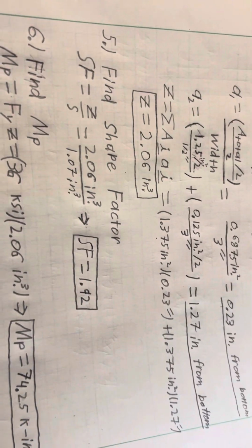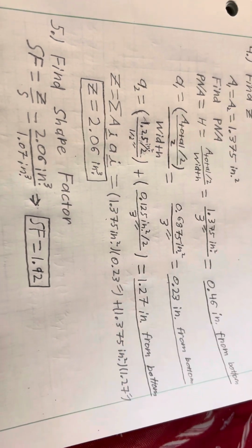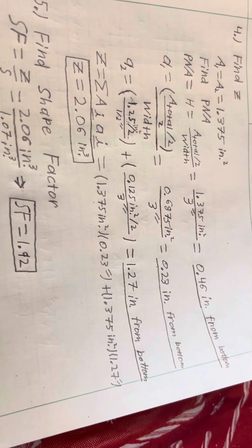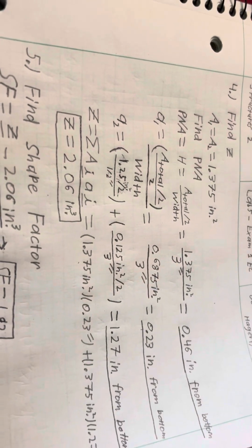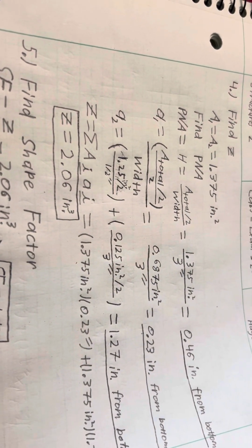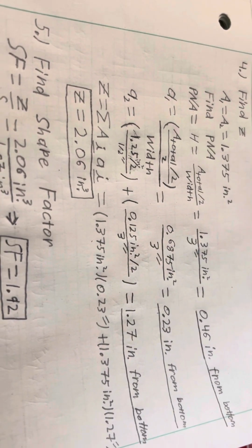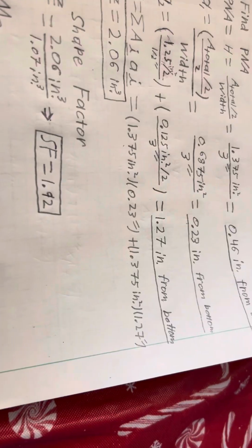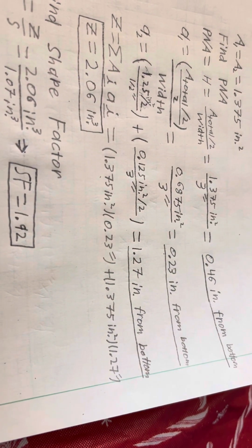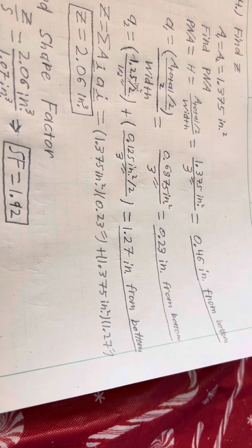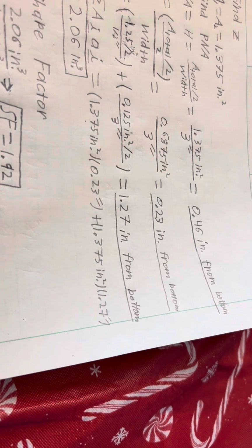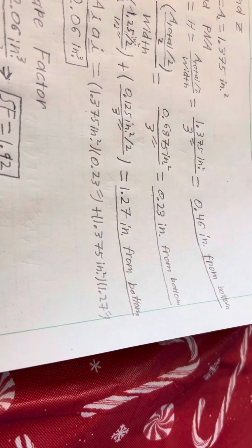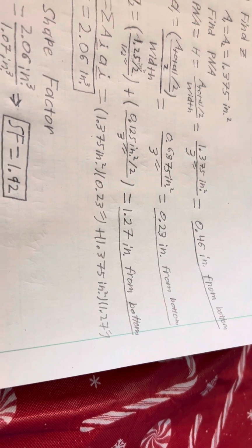And so now we can find the Z, which is our plastic section modulus, by doing the total summation of the area times the distance. And so we do 1.375 inches squared times 0.23 inches, and we add 1.375 inches squared times 1.27 inches.